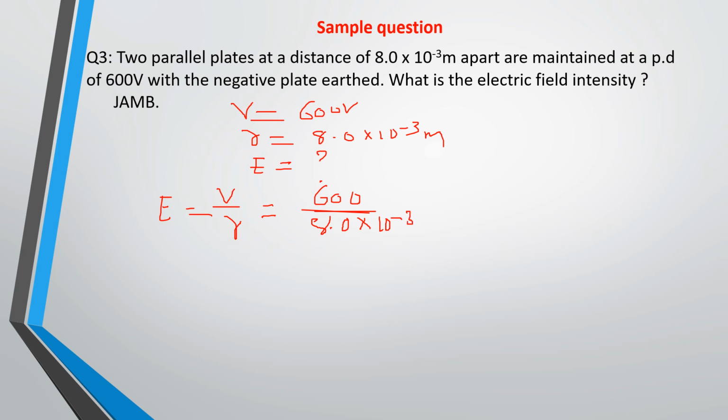By the time you work this out, E will be equal to 75,000 volts per meter. So forget the mini grammar, just understand what the question is saying, and then you can solve and work your way through. I hope this one is also easy and you understood it too.